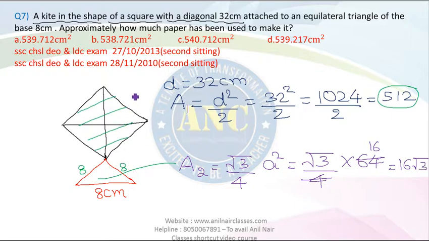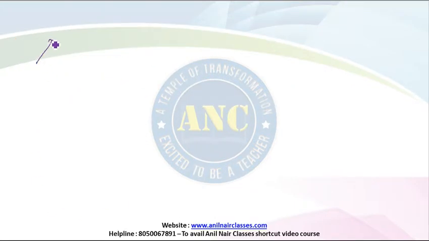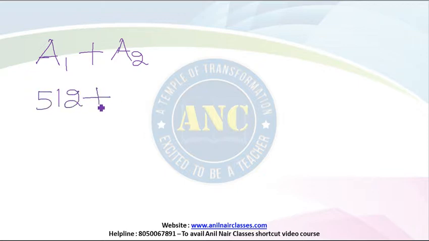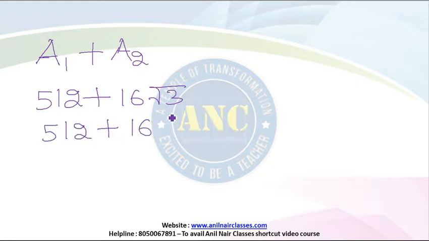That means this entire total area is nothing but area of the square A1 plus area of the equilateral triangle A2. Area of the square, we got it as 512 centimeter square. Area of the equilateral triangle, we got it as 16 root 3 centimeter square. Approximately 512 plus 16 into 1.732, which is the value of root 3.